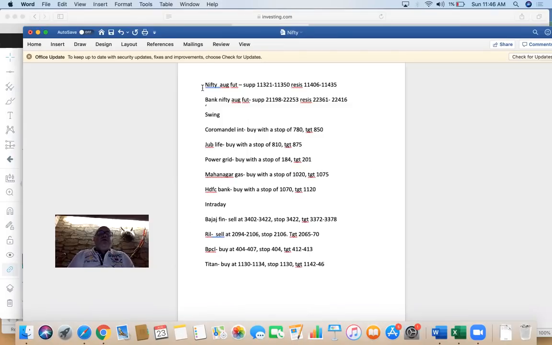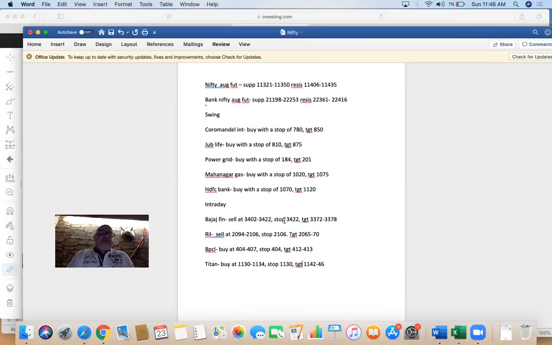So on Bajaj Finance, I will sell if it rallies towards this 3402 to 3422 zone and reverses. Important bit, rejects this price. Stop 3422, target 3372 to 3378.